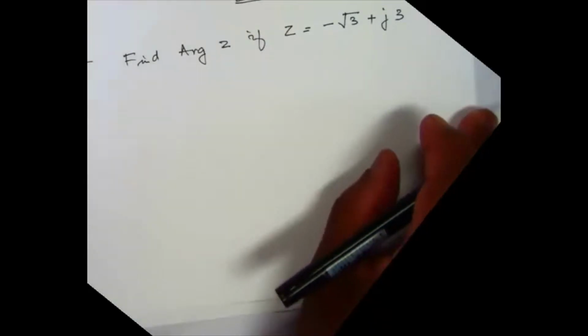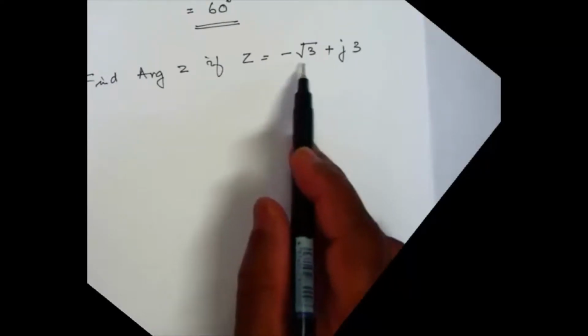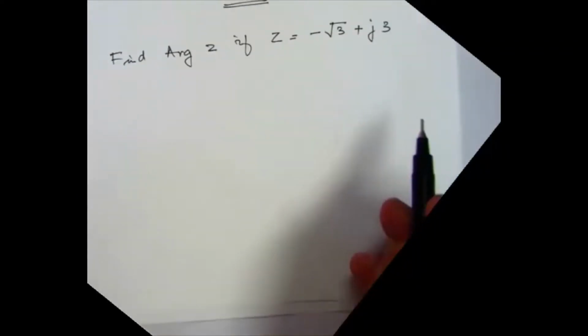We can see now this is slightly different to the earlier one. The earlier one we had root 3 plus j3, but here it's negative root 3 plus j3.